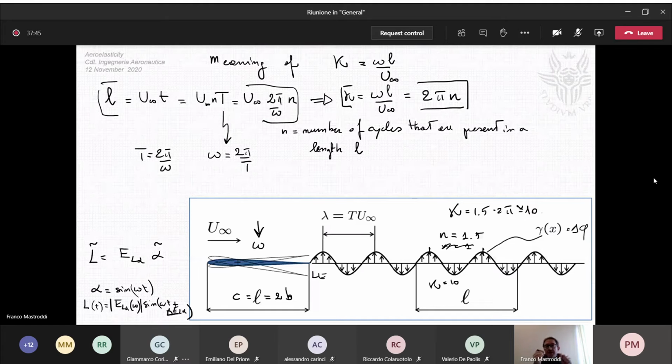Okay? This is the essential parameter influencing the unsteady aerodynamics in the linear framework. It's not only the absolute frequency, but the driving phenomenon is the frequency with respect to the velocity of the stream, because the velocity of the stream is regulating the wake shedding mechanism for regulating your unsteady aerodynamics.